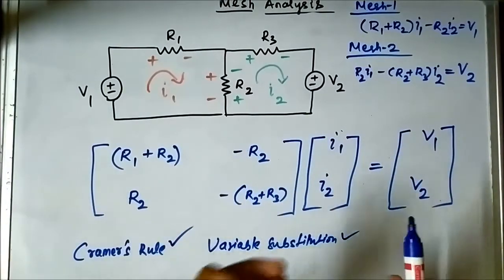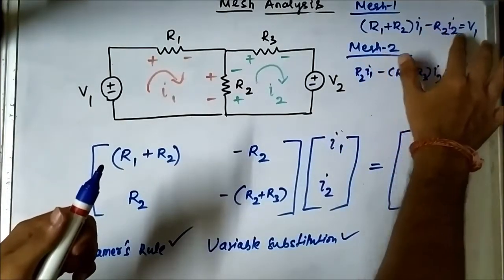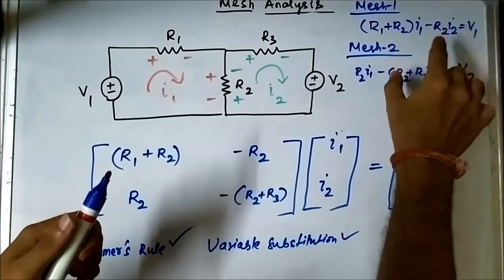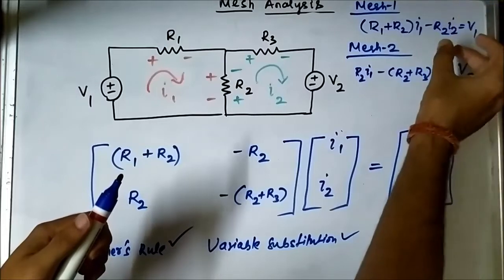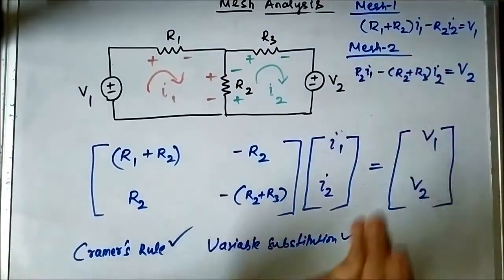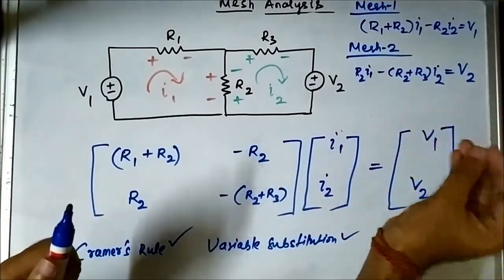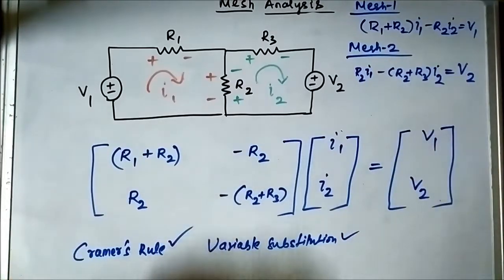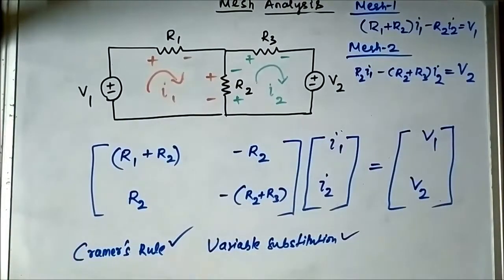Variable substitution means that you establish a relationship between I1 and I2 from the first equation, then substitute the value of I1 in terms of I2 or I2 in terms of I1 in the second equation, and find out that particular variable value. Then using that value in mesh 1, you find the value of the other variable. We will discuss that in detail in the numerical problem solving part.